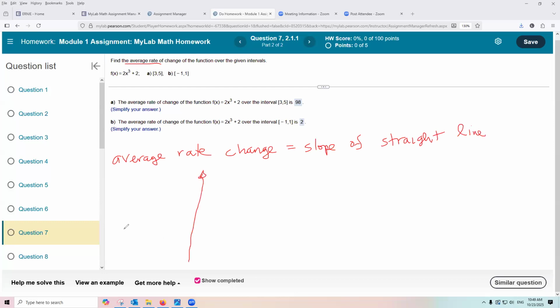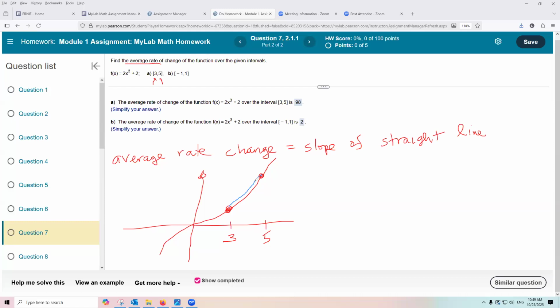Without really graphing this, I'm just going to make a graph that goes something like that. They're asking me to go from x values of 3 to 5. So let's say here's x equal 3, and here's x equal 5. If I draw these points on the graph, what they're asking me to do is find the slope of the straight line connecting the 2 points.